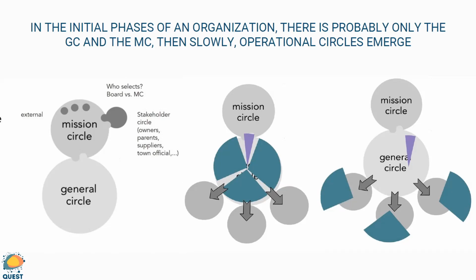So normally in the first years, the general circle will also still work on some tasks, with the idea that in the long term, when we have a mature organization, the general circle will only take care of sharing communication among the organizational circles.